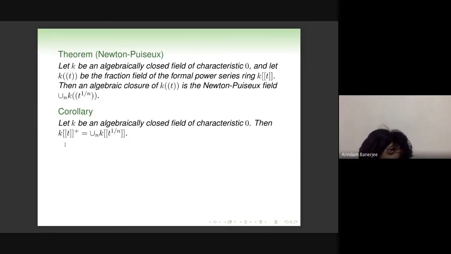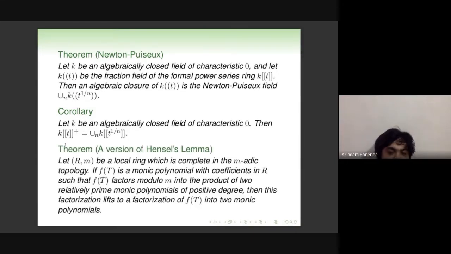And one key ingredient for this proof is a version of Hensel's lemma, which essentially says that you take a Noetherian local ring which is complete in the M-adic topology. Then you take a monic polynomial with coefficients in R, such that when you go modulo the maximal ideal, it factors into a product of two relatively prime monic polynomials of positive degree over that field.